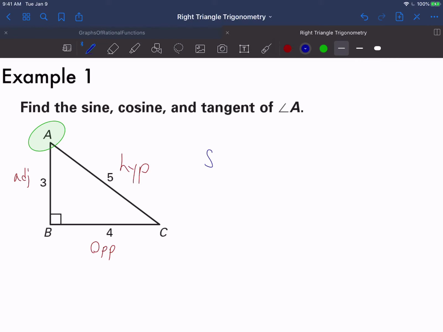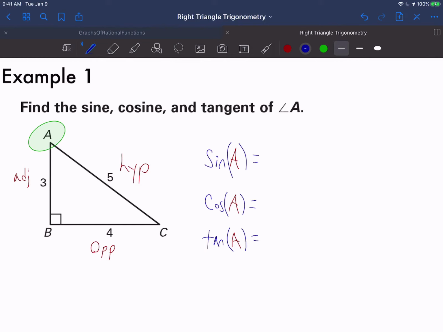So now that we have that, they just want us to write down what those ratios are. So you'd say the sine of, and because we don't know what angle A is, we're just going to say A, then the cosine and the tangent also of angle A. If you know the number, then you would put it there, but we don't know the numerical measurement of that, and that's totally fine. You're just writing the variable representation of that angle.